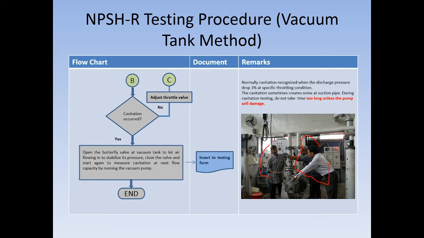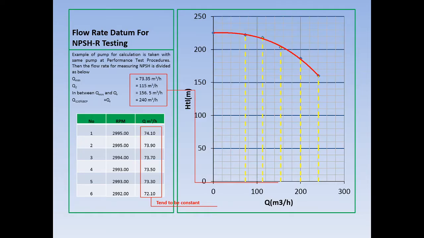Different pumps have different NPSH required at 100 meter cubic per hour. So you have to see this data sheet and ask for this data sheet before you make the installation or size the pumps. If not, it's dangerous to your operation cost.